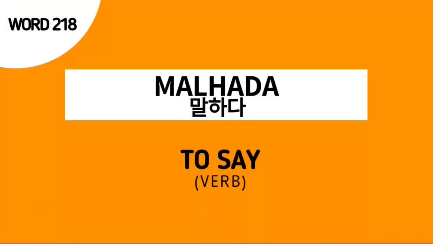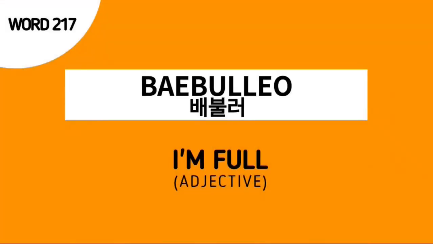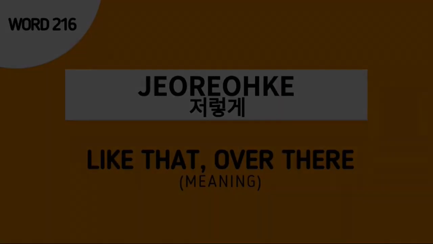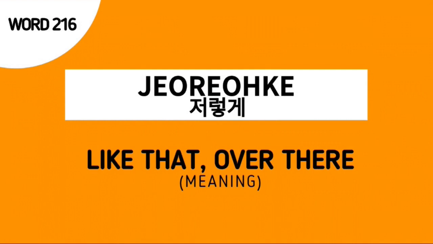Word number 218 is malhada. This is a verb which means to say. Word number 217 is pebolo. This is an adjective which means I'm full. And then the last for our review, word number 216, toroke. This is used to say, like that, over there.